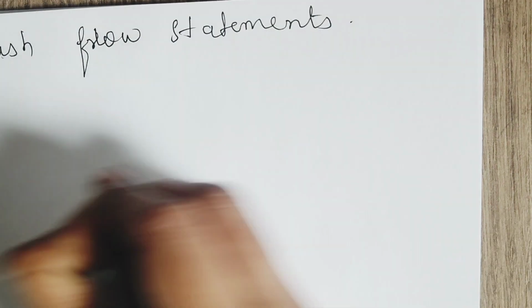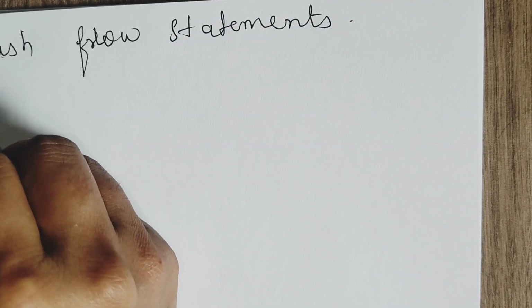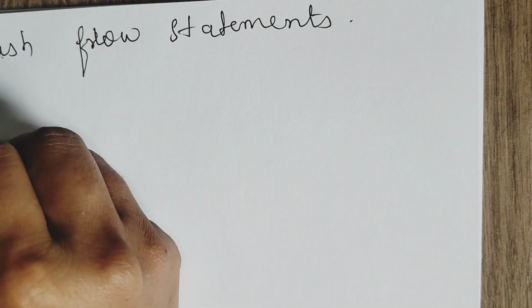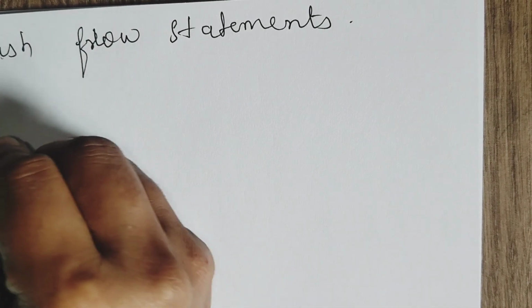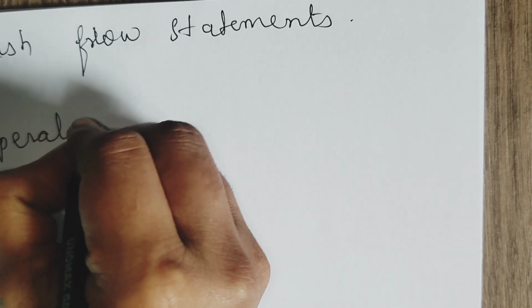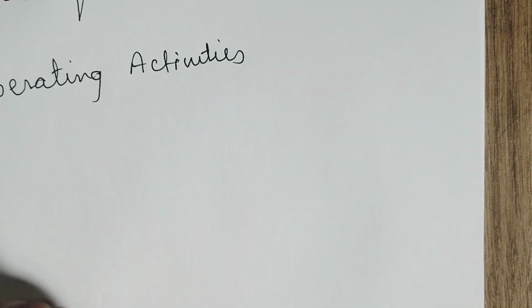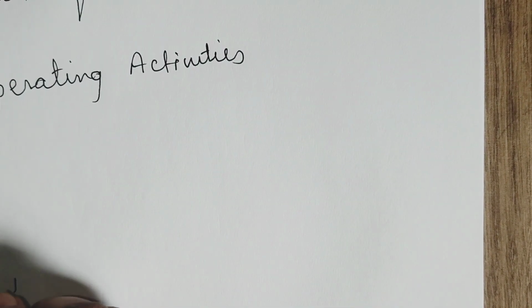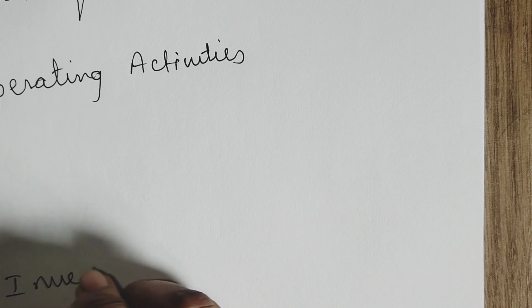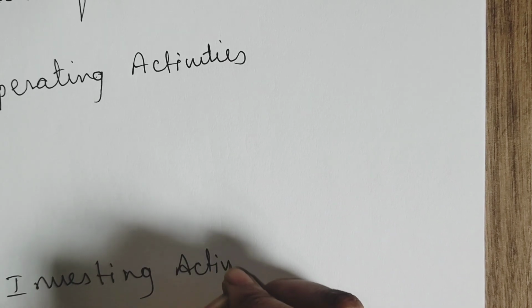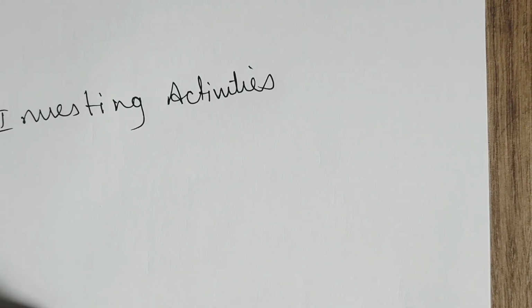First I am writing all the heads we have classified into three: cash flow from operating activities, cash flow from investing activities, cash flow from financing activities.